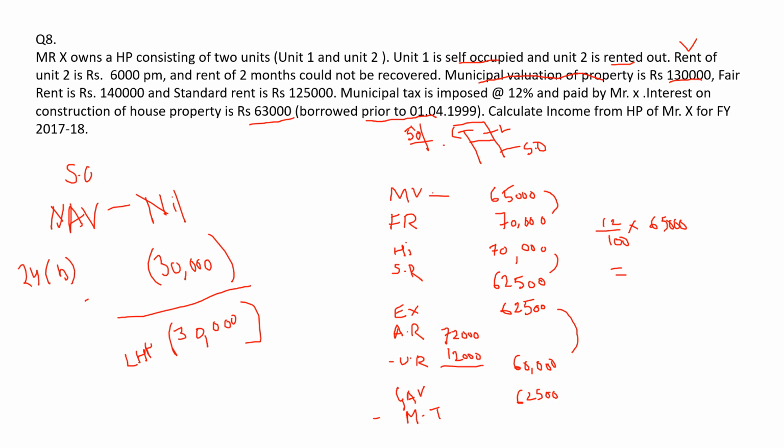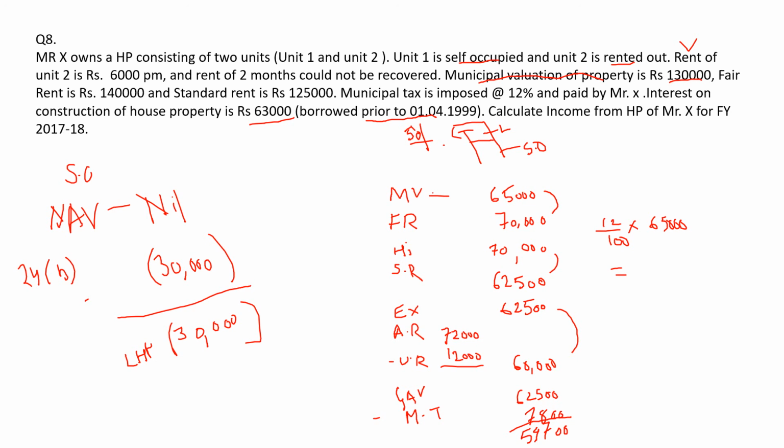We will deduct this 7,800 municipal tax, and we get an NAV of 54,700. 54,700 is our NAV.